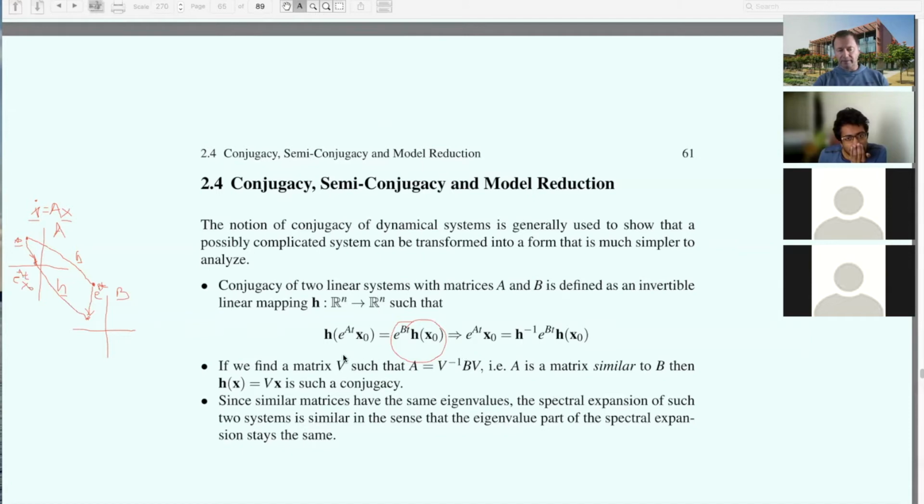And so the way H is found is you exhibit a matrix V such that A is similar to B using V. So V is some non-degenerate matrix such that V inverse BV is equal to A. And if you plug that in here, so you plug in e^(V inverse BV t), it's easy to see that H of x equal to Vx is just that required conjugacy.